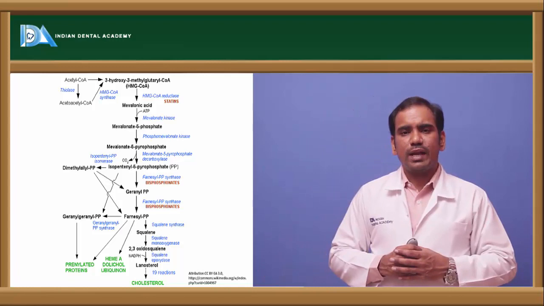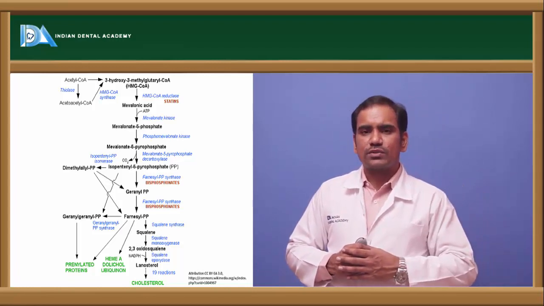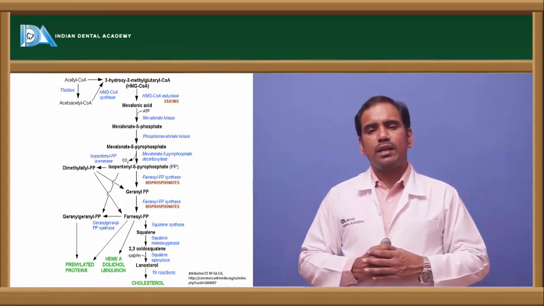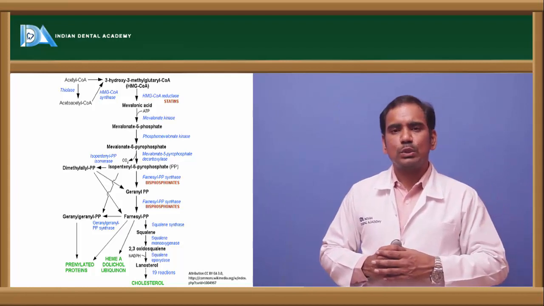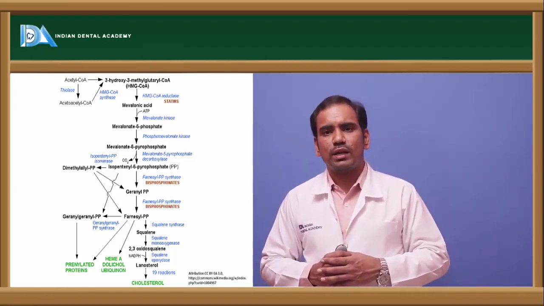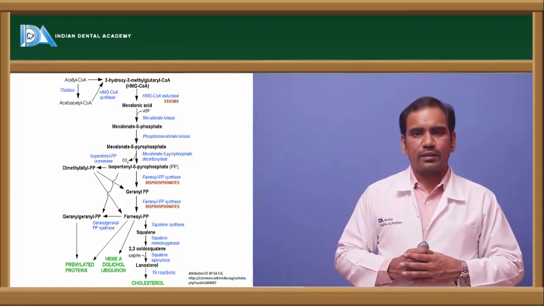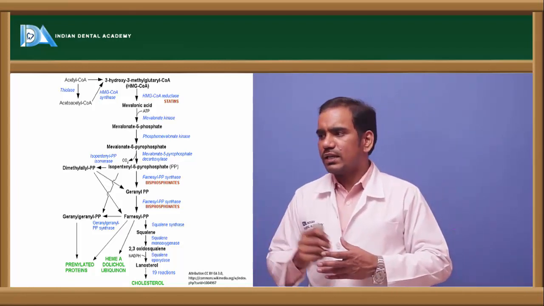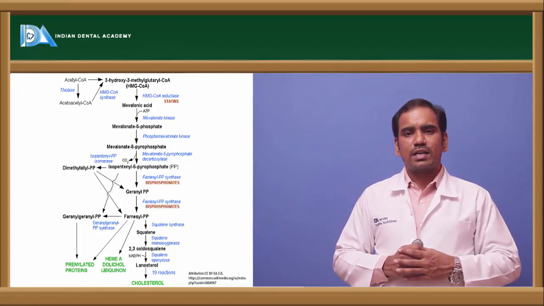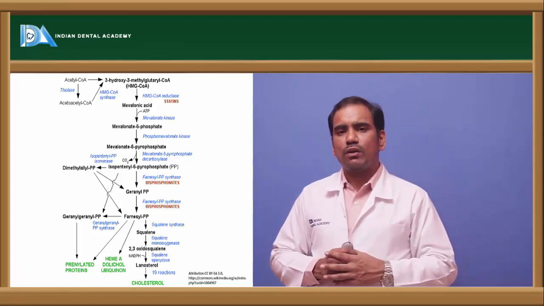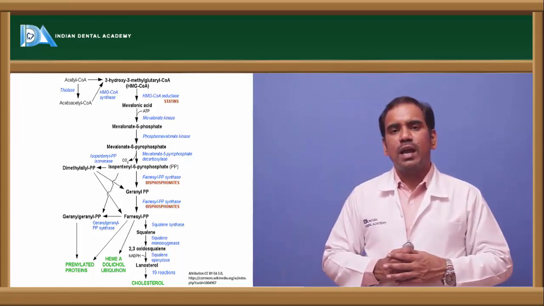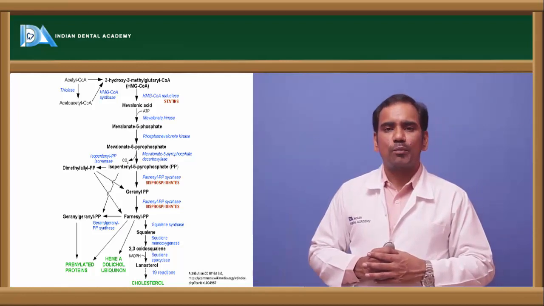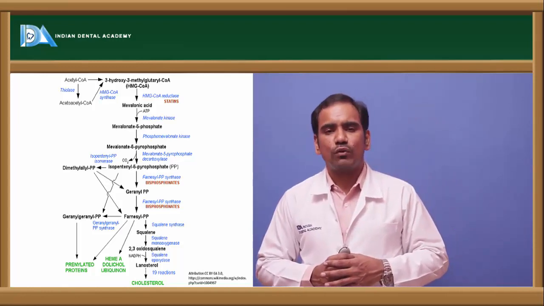In the next reaction, isopentenyl pyrophosphate reacts with dimethylallyl pyrophosphate and is converted into a 10-carbon compound called geranyl pyrophosphate. Geranyl pyrophosphate then reacts with one more molecule of isopentenyl pyrophosphate and is converted into a 15-carbon compound called farnesyl pyrophosphate.